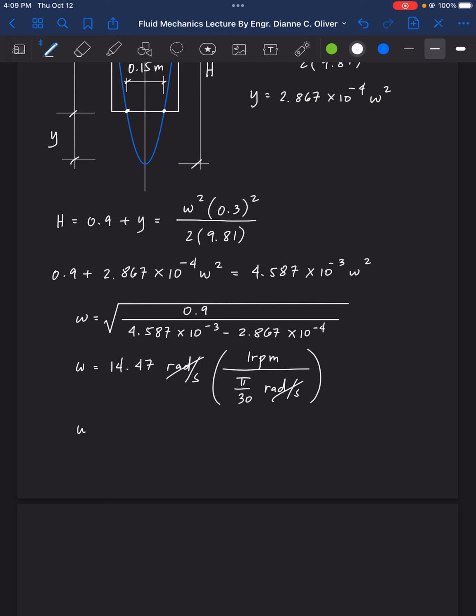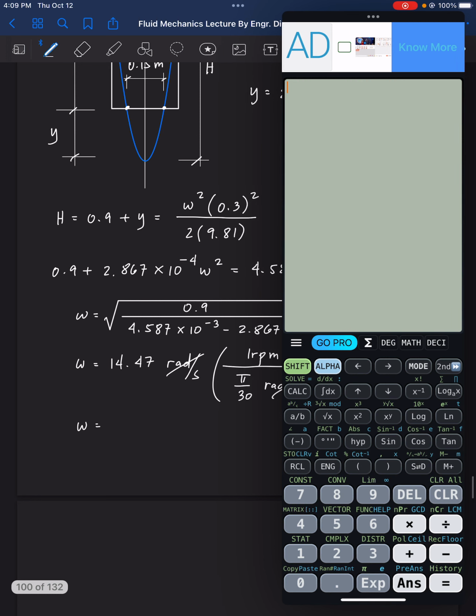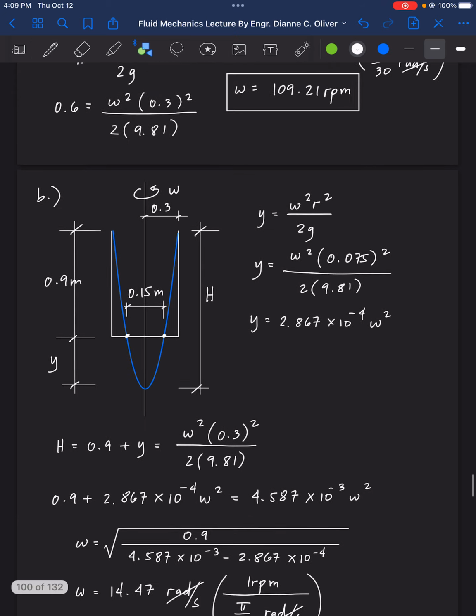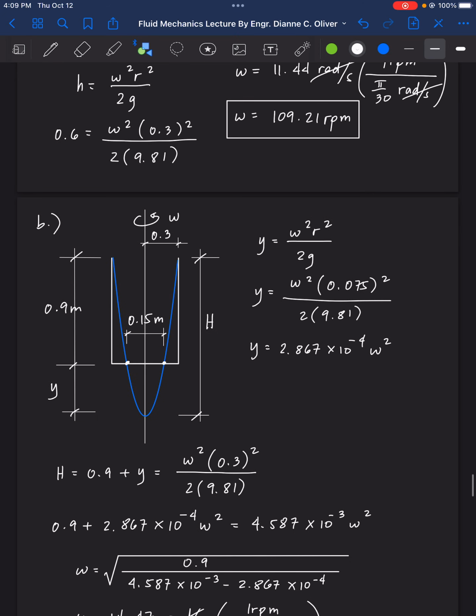Cancel. So omega now is equal to 14.47 times 30 over pi, so 138.18 RPM. So this is the answer for letter B in number 1. So that's for number 1.